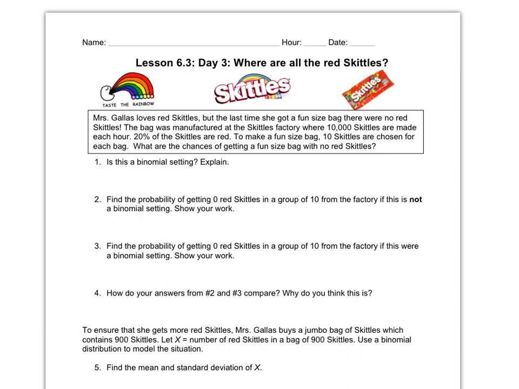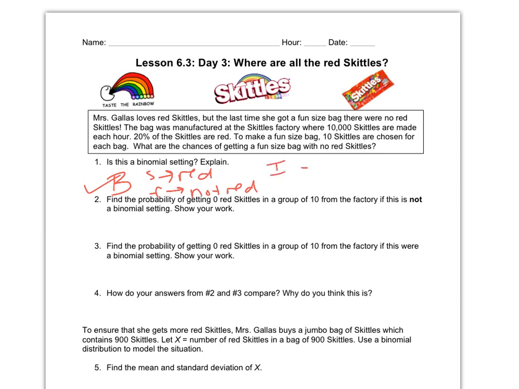So the first thing we need to check here is, is this a binomial setting? So we use our acronym BINS, right? And so for binary, do we have a success and failure, right? A success would be red, failures would be not red. So we have a definite success and failure, so we meet that criteria. Are they independent?